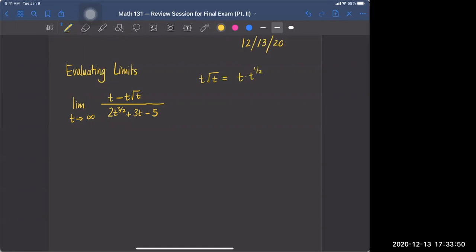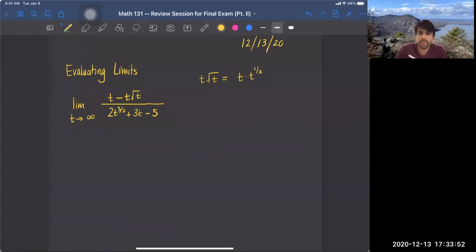Yes. When you just have a variable by itself, there's really a 1 being raised to it. If we apply the laws of exponents, when you multiply two bases that are the same, the exponents are added, so you get t to the 3 halves.